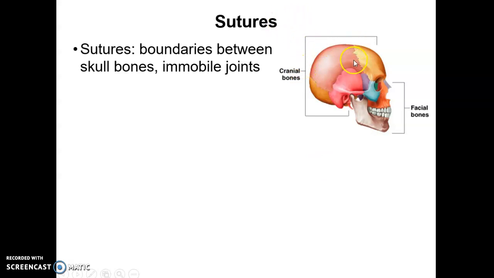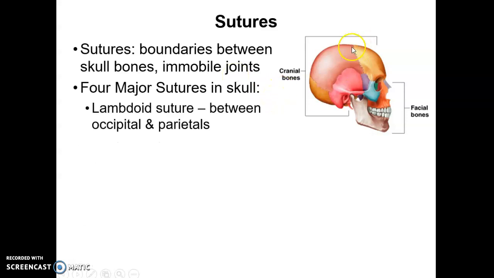So sutures are boundaries between bones, or the articulations between these flat bones of the skull. They are immovable joints. They're stationary. The 4 that you need to know for the skull are the lambdoid suture, which is between the occipital and the parietal bones here. Then the sagittal suture is between the parietals, along the mid-sagittal plane of the skull.